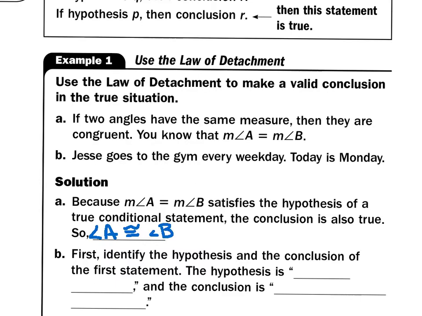Next one. Jesse goes to the gym every weekday. Today is Monday. First, identify the hypothesis and conclusion of the first statement. The hypothesis is if Jesse goes to the gym every weekday. Oh, if Jesse goes to the gym, it's a weekday.